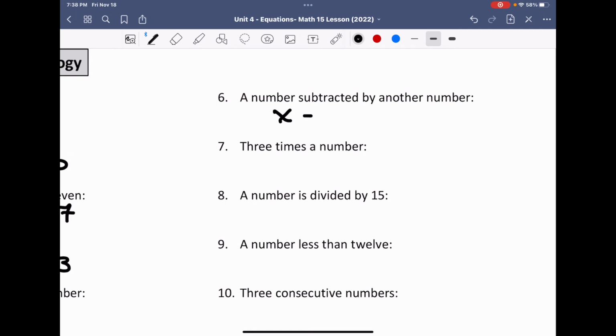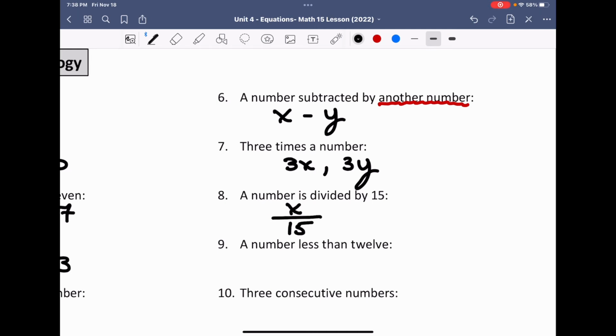We could throw in another variable because they say it is a distinct, another number. So I'm going to go X minus Y. 3 times a number, we've done this one before, just 3x or 3y, whatever the variable is, tripled. A number is divided by 15. This is like asking us to say we have some unknown quantity, and we divide it by 15.